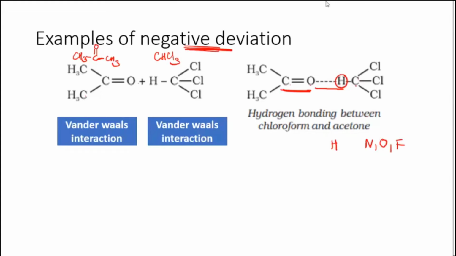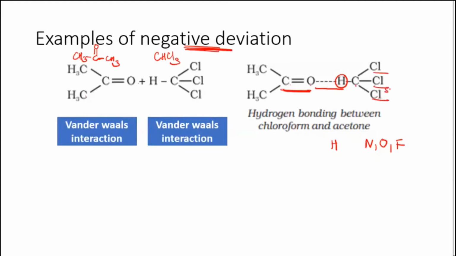In this case, you can see 3 chlorine atoms are there, and all 3 chlorine atoms are electronegative in nature. You know the speciality of an electronegative atom: it tries to pull all the electrons towards itself.